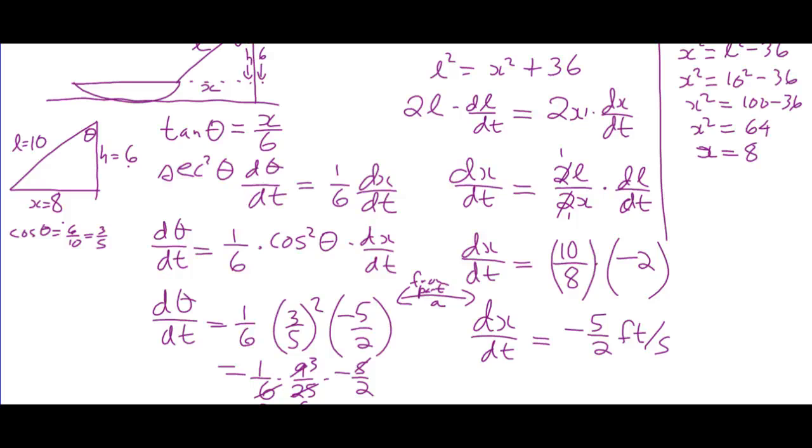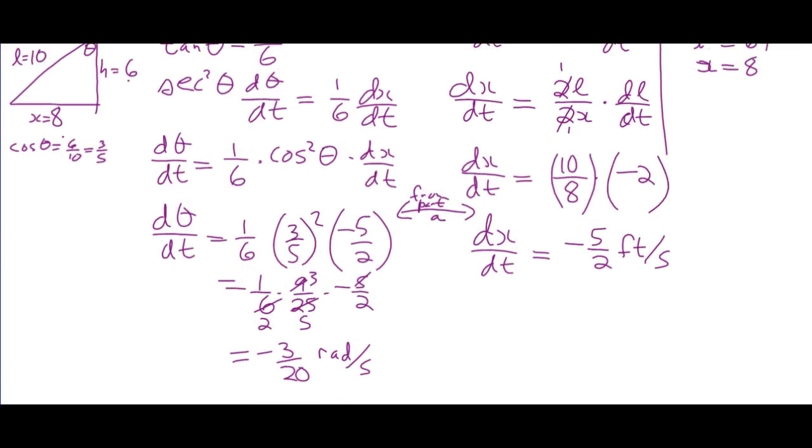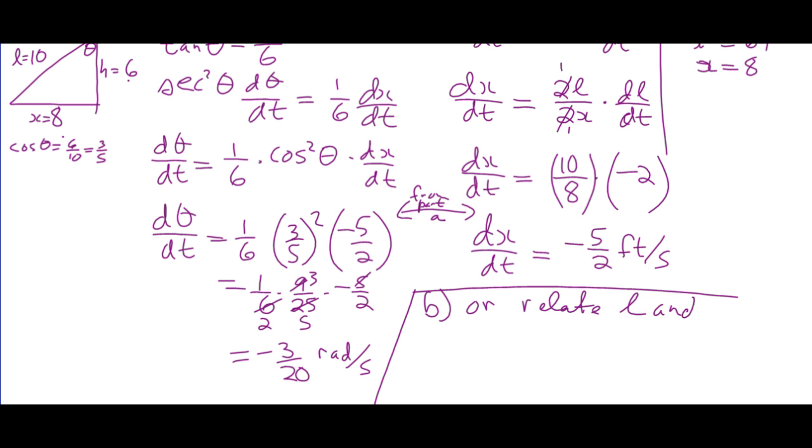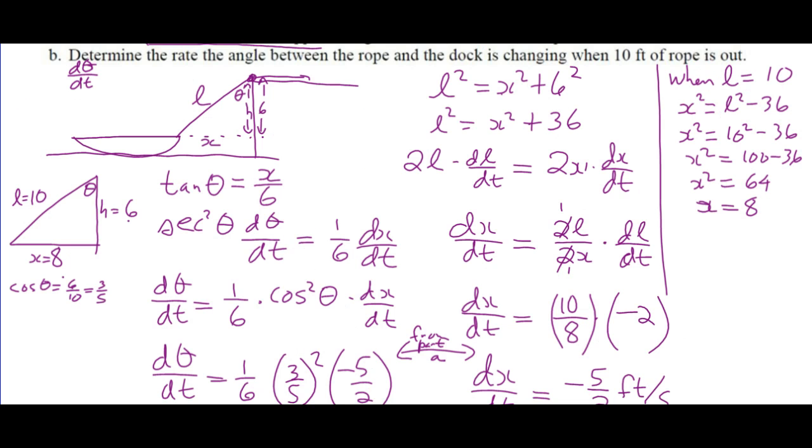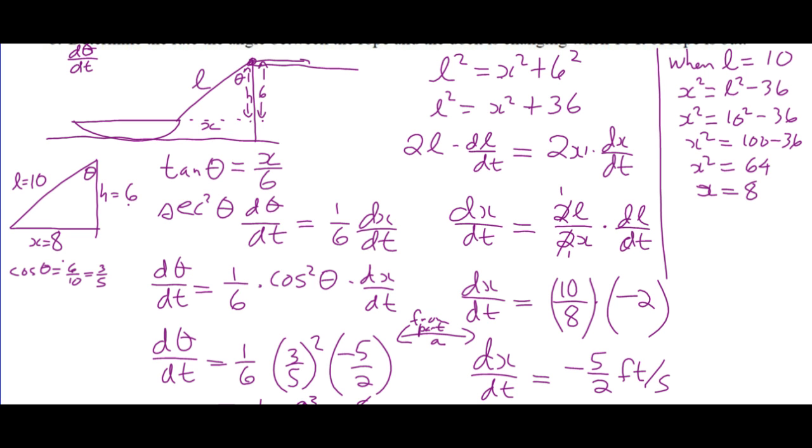So up here we did the angle in terms of x and the 6, but we could also do it in terms of the L, right? I don't know if I want to show the whole thing, but we'll show the start of part B, or relate L and theta. Okay, so if we relate L and theta, then we've got theta here.